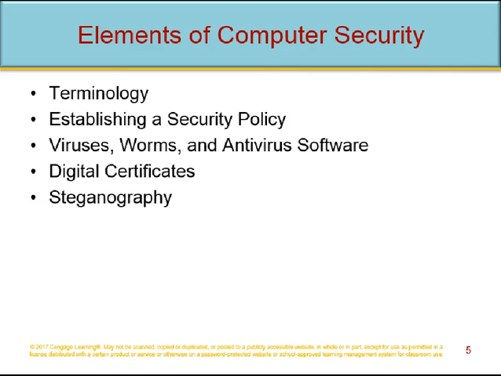So let's go over some terminology in the field of information or computer security. Secrecy refers to protecting data against unauthorized disclosure and ensuring the data source is authentic. Integrity is preventing unauthorized data modification.